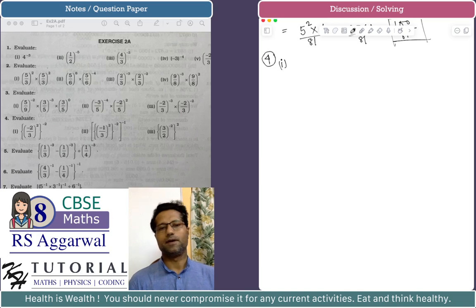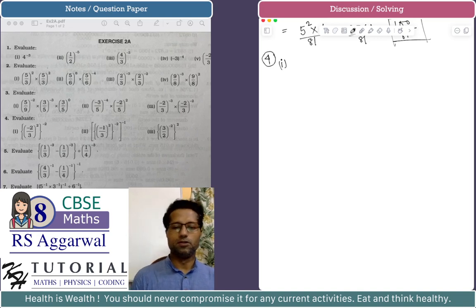You just need to apply the very fundamental laws of exponents, nothing else, and you have to know how to convert an exponential form into a rational form, that is, you split the exponential form into rational form by (a/b)^m is equal to a^m divided by b^m, using that concept.